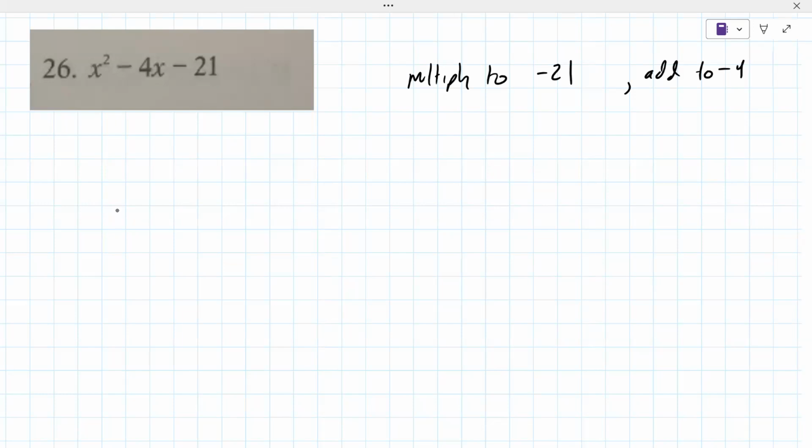So if you had a calculator, you could sit there and take 21 divided by 1, 21 divided by 2, 21 divided by 3, and so on until you figured out which ones work. And the fact that it's negative just means that one's positive and one's negative.